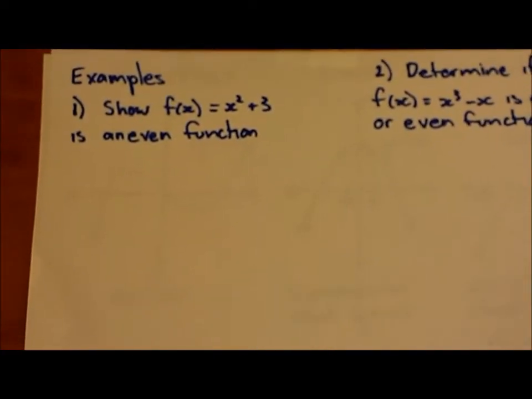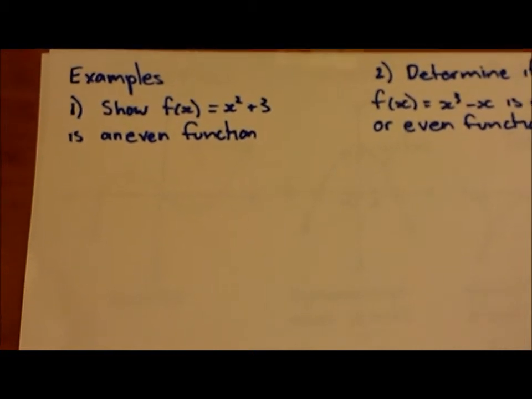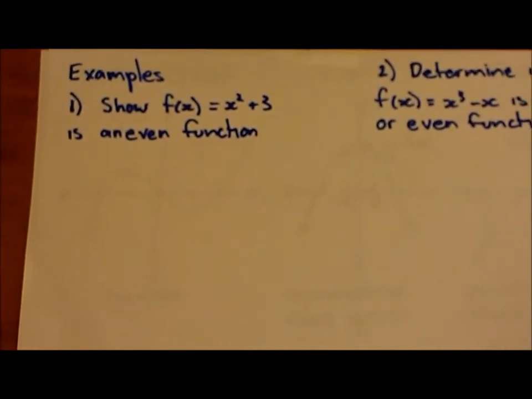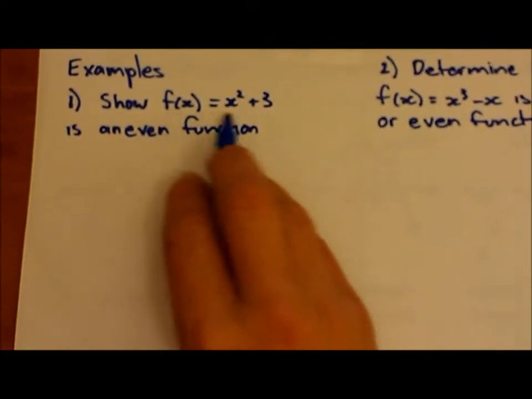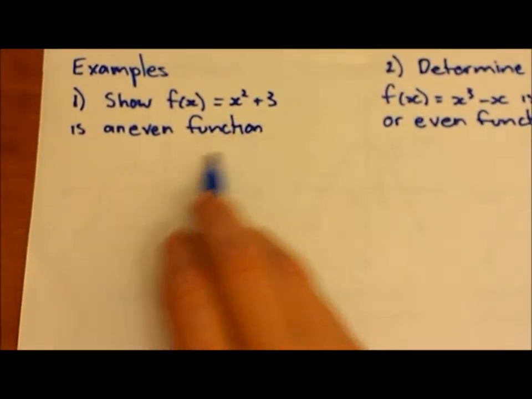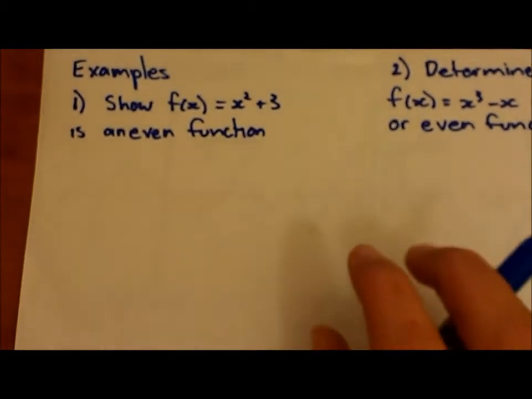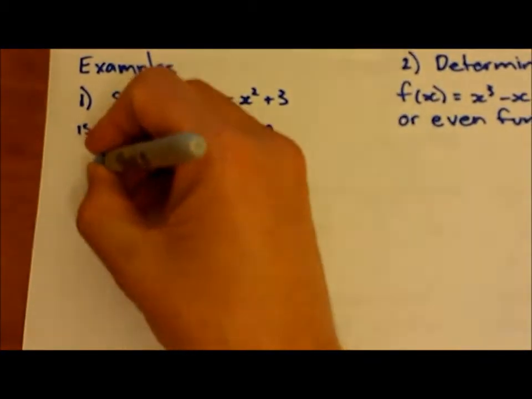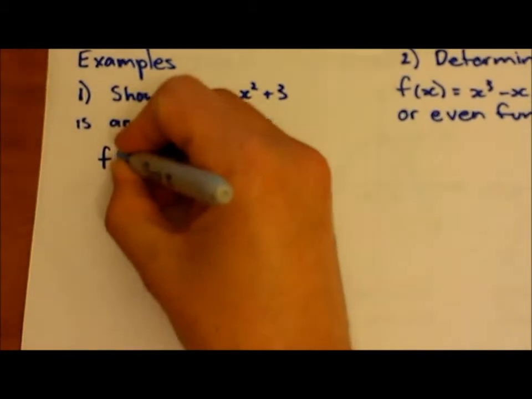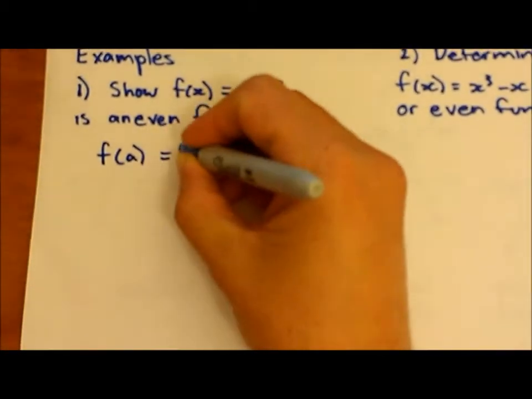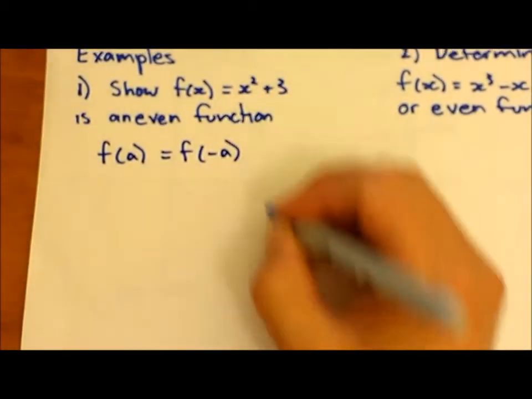Alright, it'd be useful to look at some examples of what sort of questions you might be asked. The first one is to show that this function, x squared plus 3, is an even function. To do that, we have to do it algebraically. What we're required to show is that function of a is equal to function of negative a.